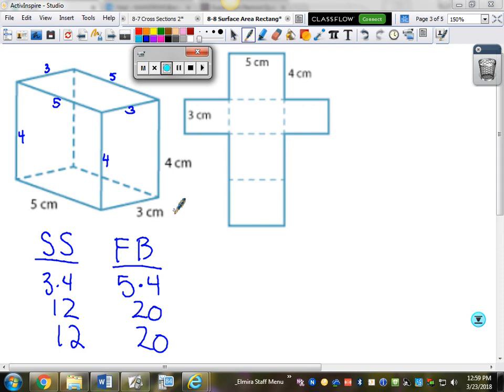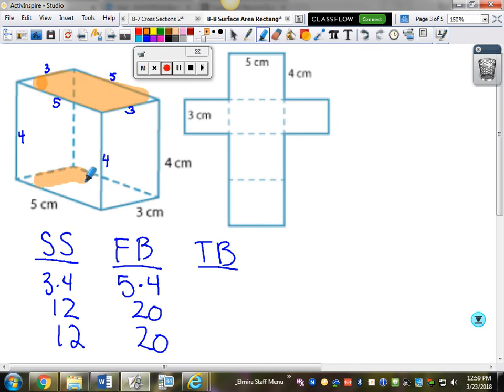And lastly, the top and the bottom. When we're talking about the top, we're talking about this part, and that's the bottom. The dimensions of the top would be 3 by 5. Again, I just went through the diagram and labeled all the sides that would be exactly the same.